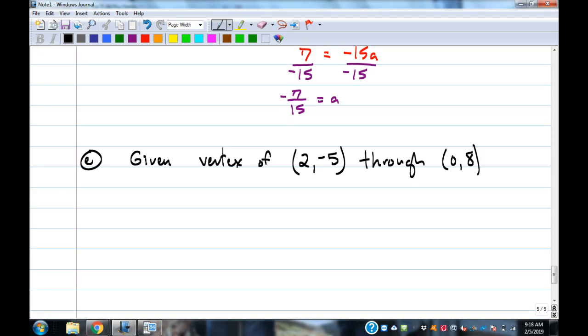That other point happens to be a y-intercept, but it doesn't necessarily have to be a y-intercept. It just is in this case. It could be any other point. Important thing is they gave you a vertex. So what form do you start with? Vertex form. Okay. So your function should start out looking like this: a(x minus 2) squared plus 5. Not plus 5, minus.